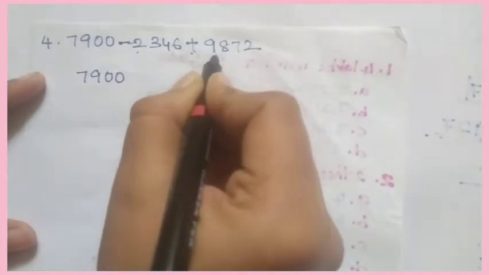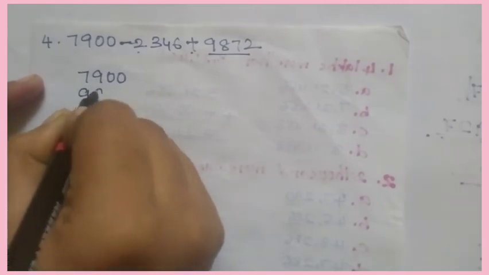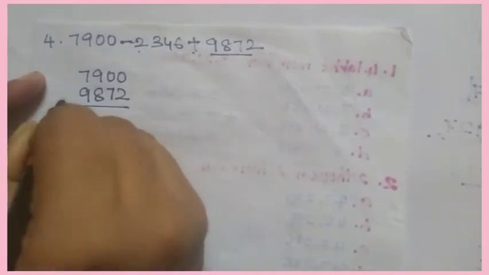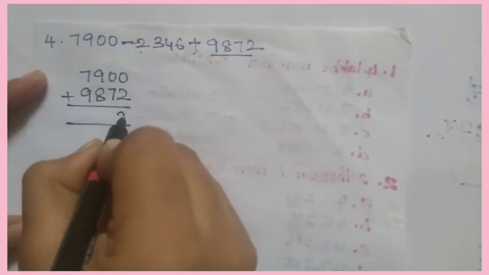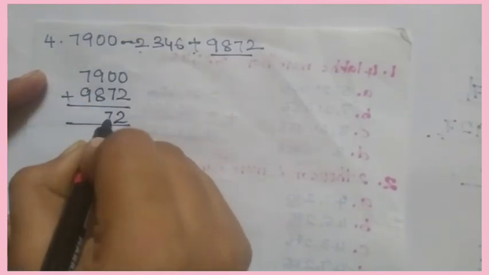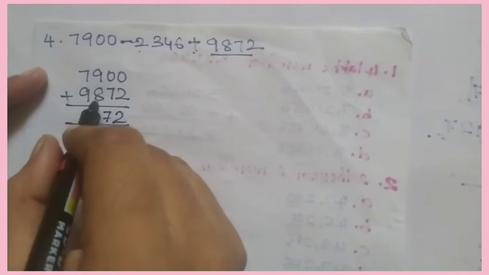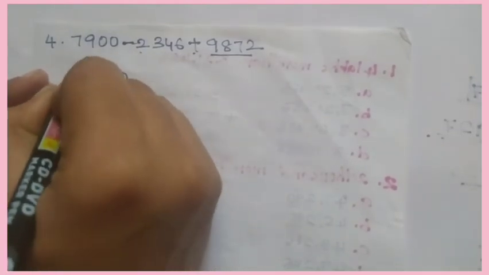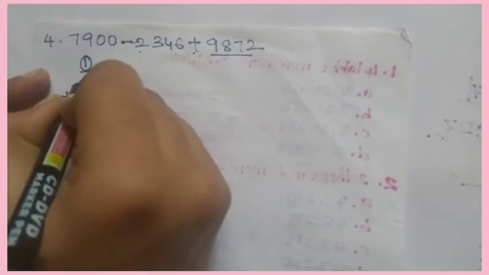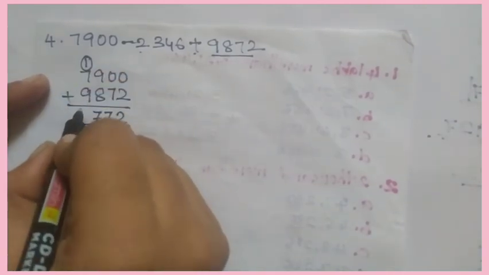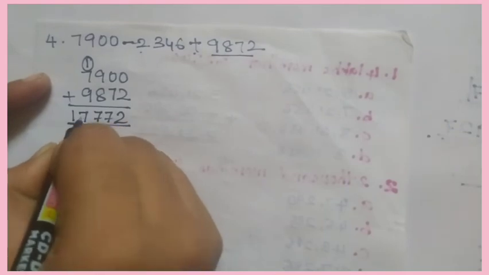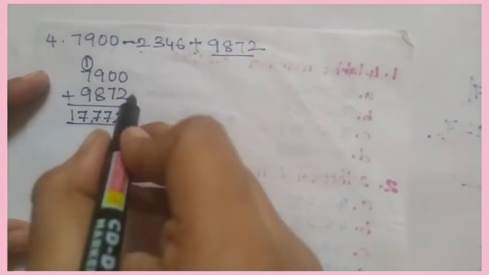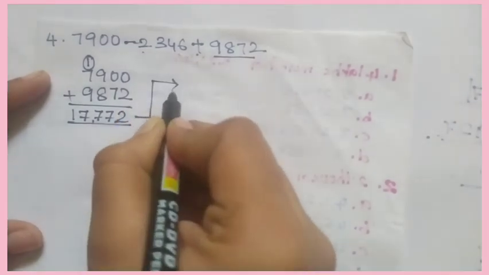Yes, for this we have addition symbol, so we'll write first here 9872, then add this. 2, 0 plus 2, 2, 0 plus 7, 7, 9 plus 8 is 17, so 1 carry, 1 plus 7, 8, 8 plus 9 is 17. Therefore we got 17,772.